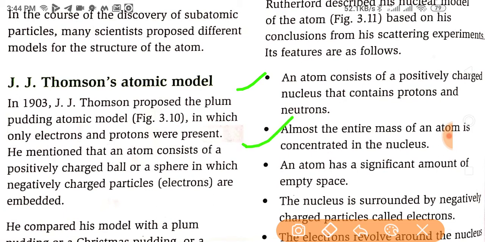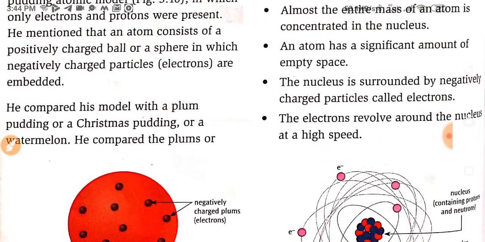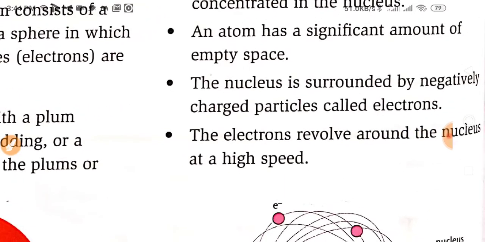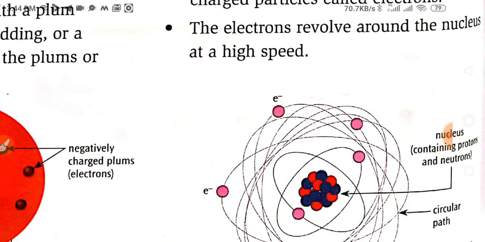Almost the entire mass of an atom is concentrated in the nucleus. An atom has a significant amount of empty space. The nucleus is surrounded by negatively charged particles called electrons. The electrons revolve around the nucleus at a high speed. So these are some conclusions from his scattering experiment.